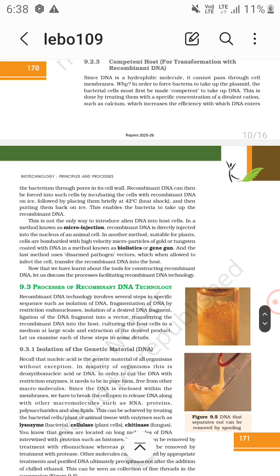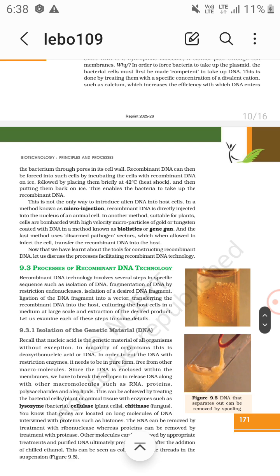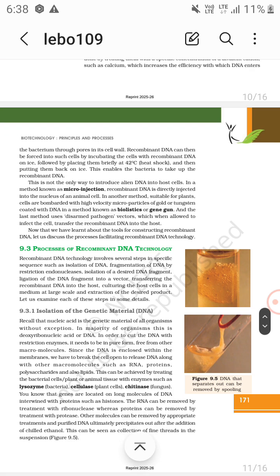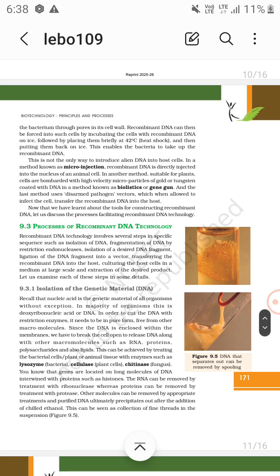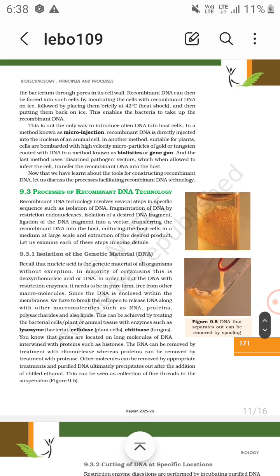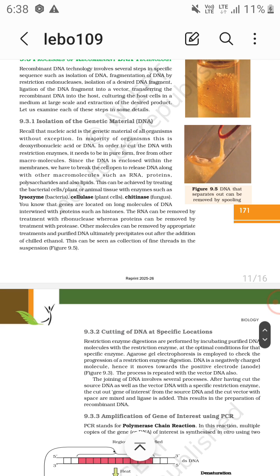This is how bacteria take up the recombinant DNA. In plants it is high velocity microparticles of gold and tungsten coated with DNA, called biolistic or gene gun. In animals, micro injection.